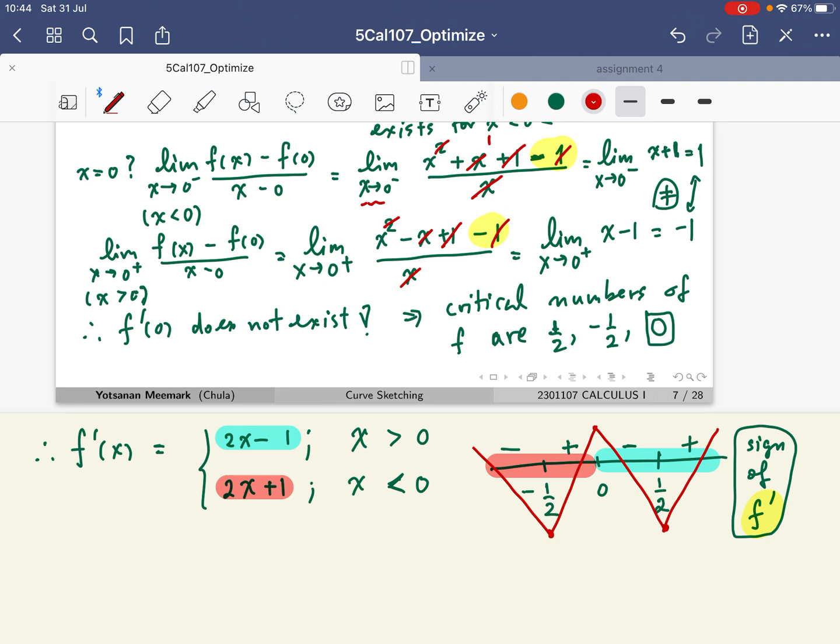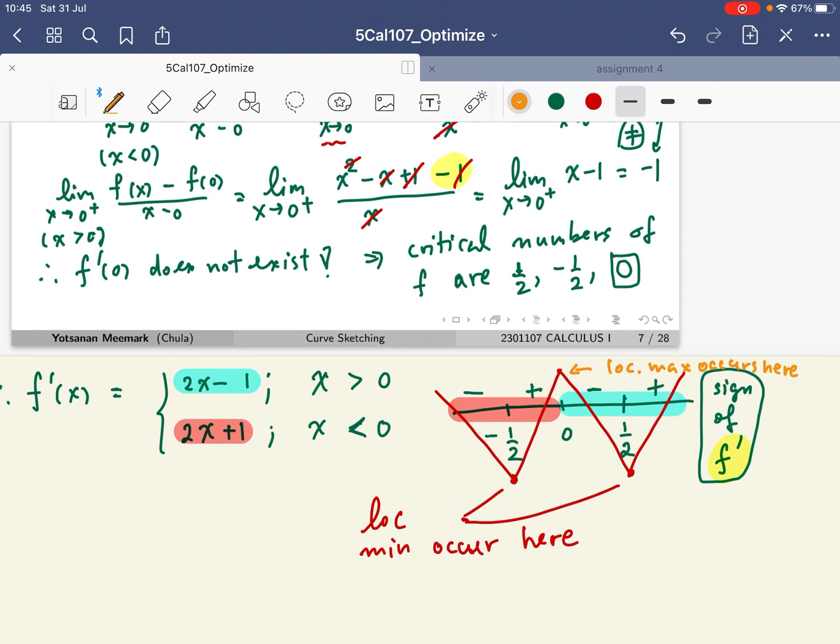So what does this mean? You got two valleys. A local minimum occurs here, and a local max occurs there. Look at it carefully: we didn't say that this is a local max and a local min value, but we say that it occurs at this x value.